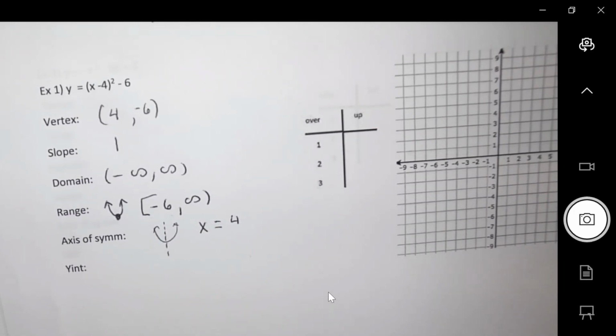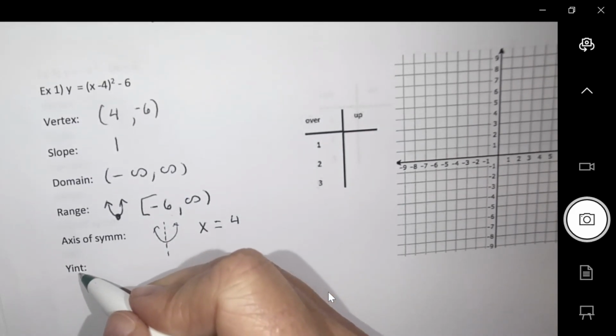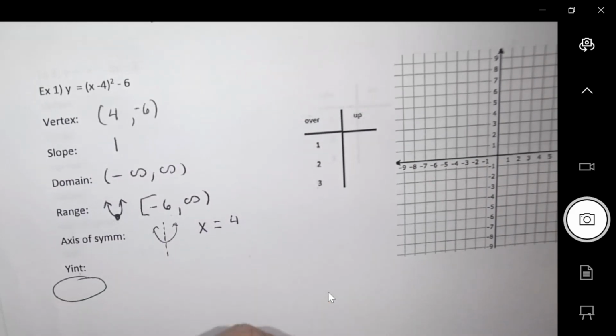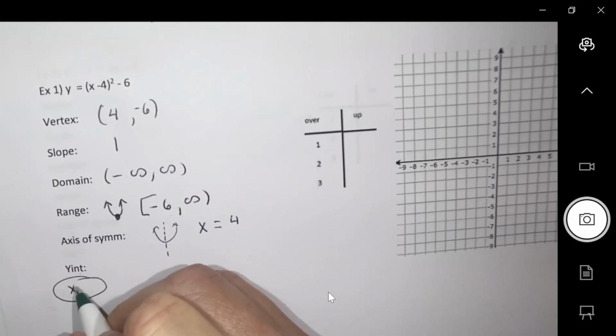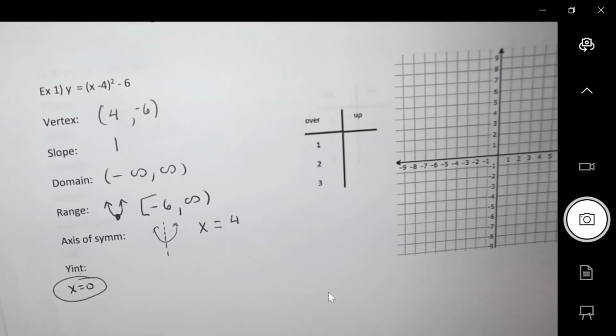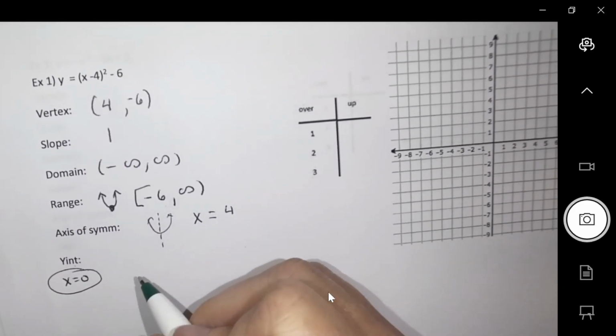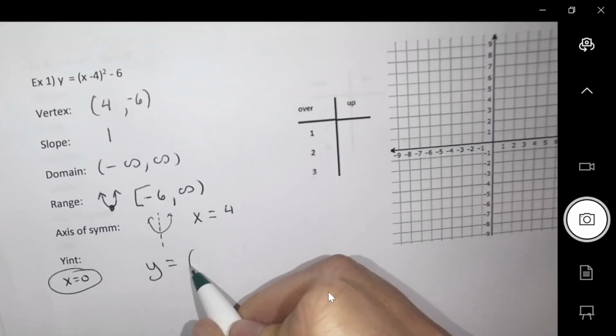Okay, we're going to have to figure out the Y-intercept. It's not just look and find it. We have to calculate it. So a Y-intercept is when what's happening? X is 0. That's what I was waiting for.